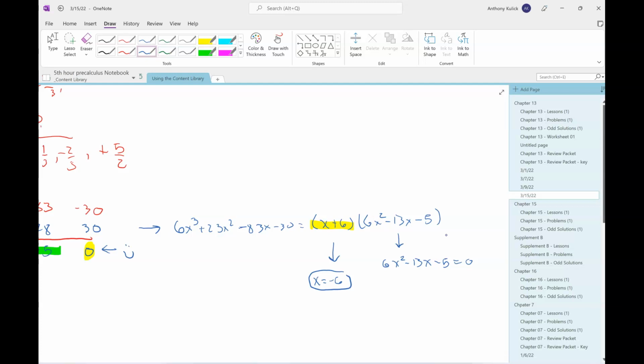What's different about 6x squared minus 13x minus 5 as opposed to 6x cubed plus 23x squared minus 83x minus 30, where I couldn't have done the same thing there? Dude, it's quadratic, right? Can we solve quadratics?